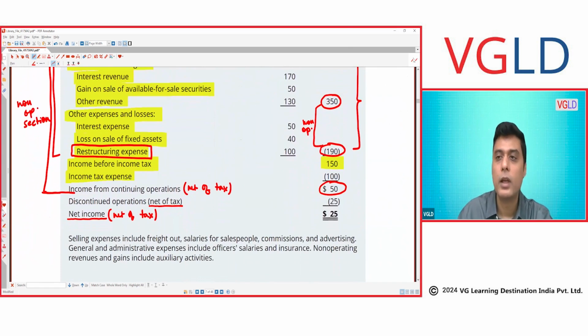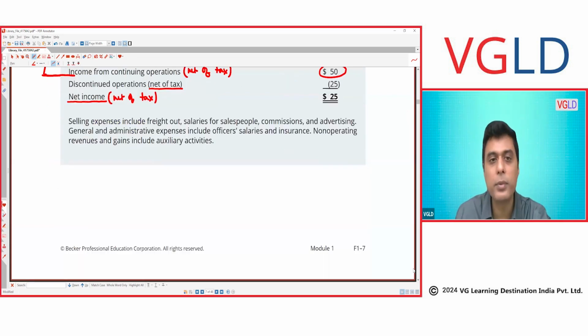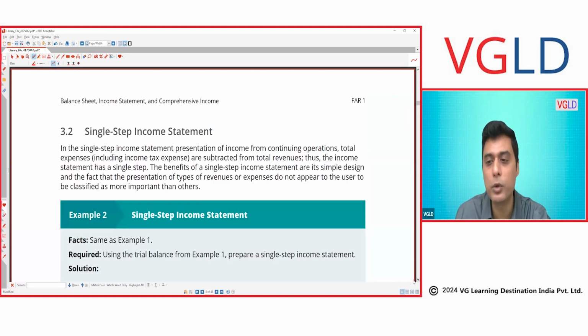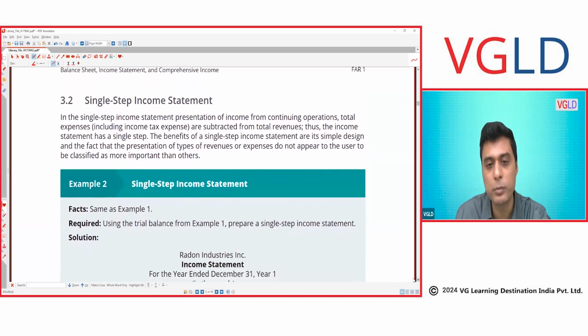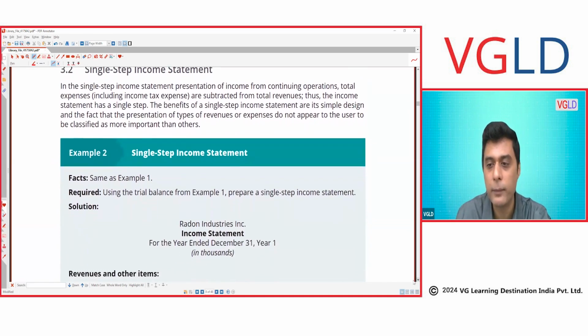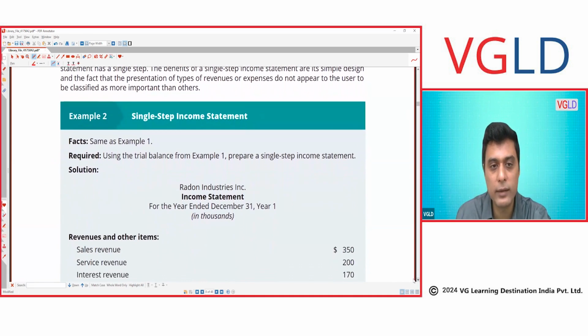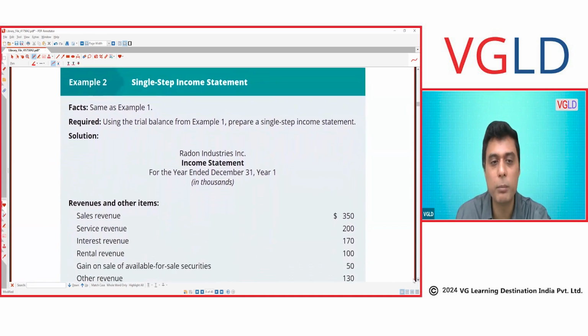Clear? So this is an example of a multi-step income statement. If you see a single step income statement, then you will be able to know the difference. In a single step, all the revenues are put at one place, all the expenses are put at one place. So let's look at that so that we can make the comparison.